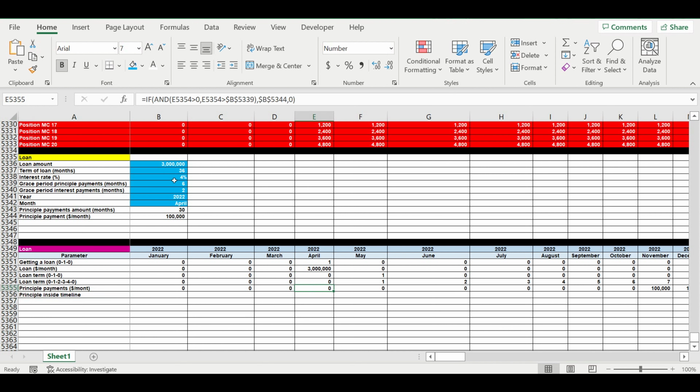The base for interest payments is principal, so that's why we have to correctly calculate the amount of principal at any given moment inside the timeline. Then we will calculate the interest payments.